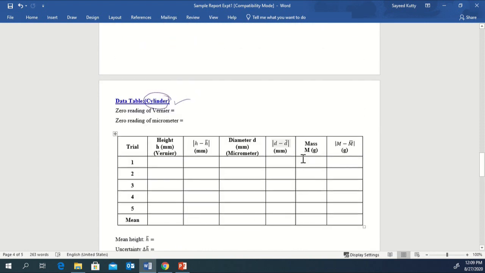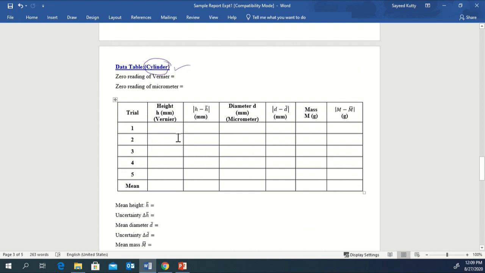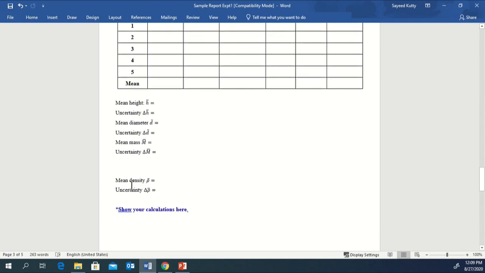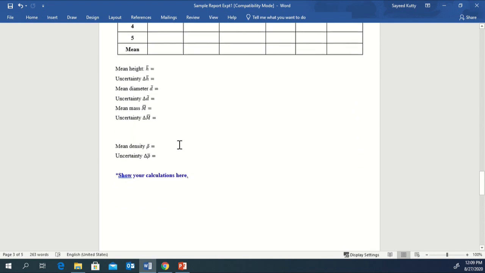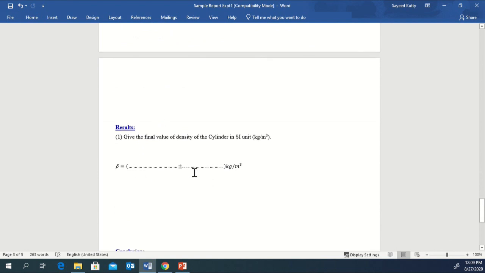So this is the data analysis page. Here you need to complete all the fields, come up with a solution for all of these, and finally you need to conclude your result. You can see here we mentioned that in the result, we were asking you to find the density of the cylinder.